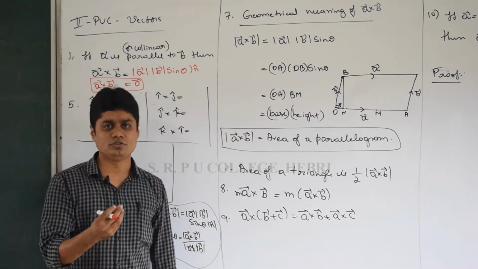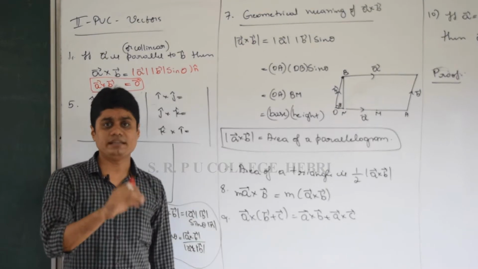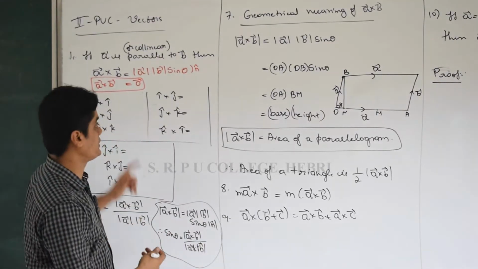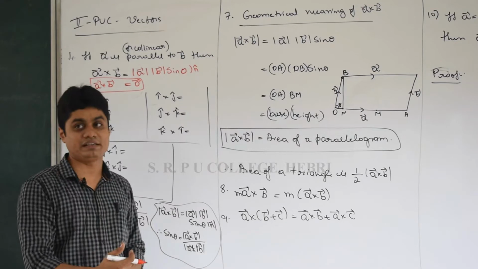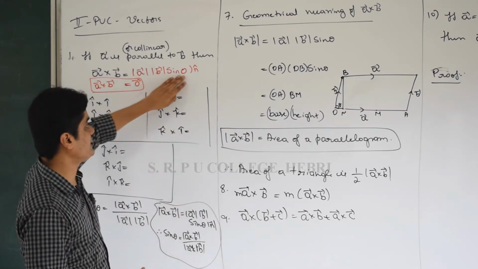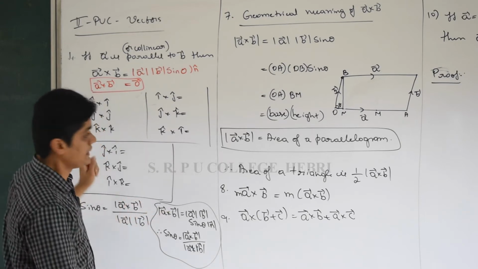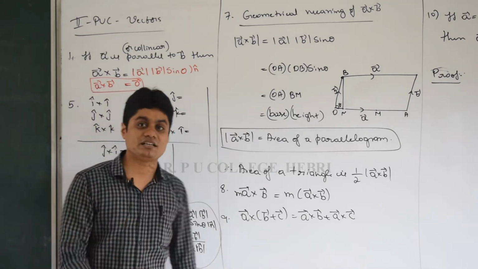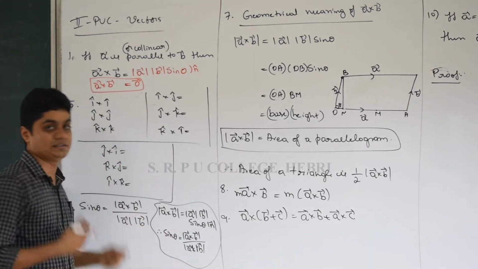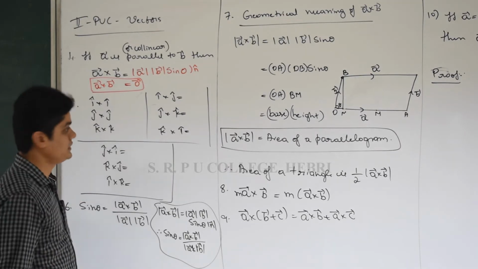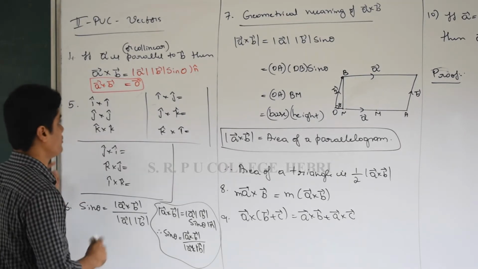Remember that. So I'm not taking that as a property of the cross product. In that case sine 90 will be 1, so the remaining terms will be present. But remember, when you take the cross product with itself and when two vectors are collinear or parallel, the cross product between two vectors will be 0. Then a very important result.